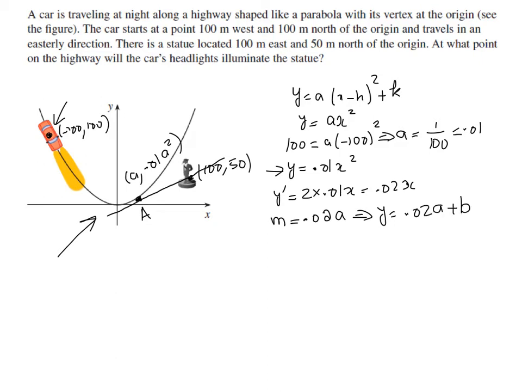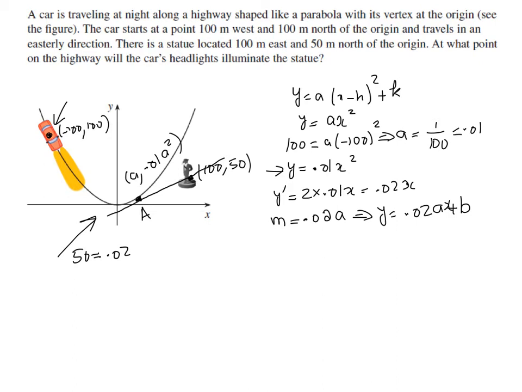b is the y-intercept. To find the y-intercept, I know that the line goes through this point, the statue. So I'm going to sub it back here. So I'm going to get 50 for y, and the equation is y equal to 0.02a x plus b.